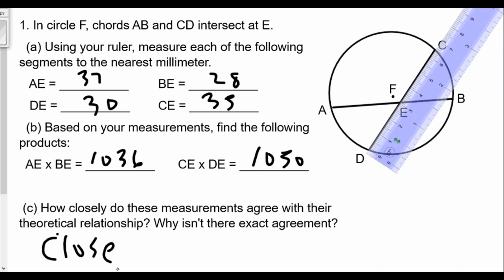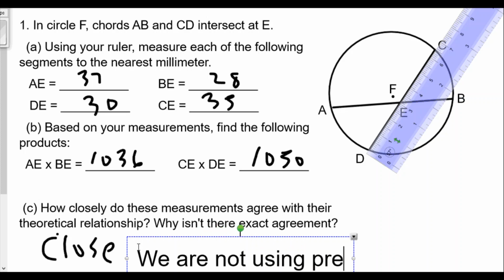Here is really the big reason: we are not using precise tools. You might say your computer is pretty precise, Mr. Young. Well, yeah, it is, but I'm eyeing it here, and I might be off by a little bit. Being off by a little bit and then multiplying makes it even worse. But it's pretty darn close.